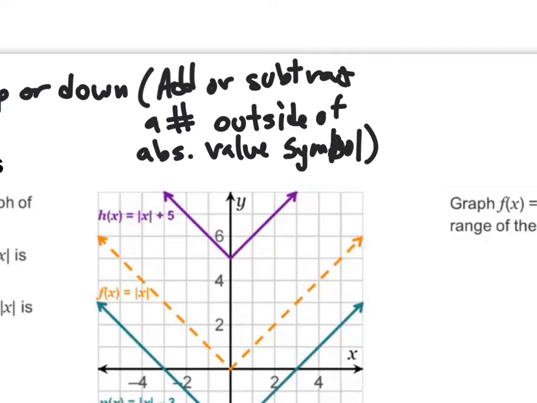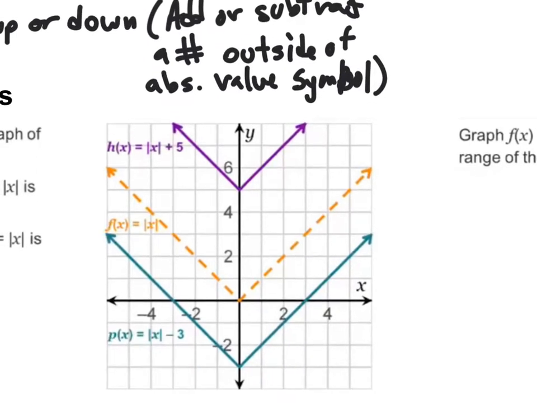What you notice is that you have all these different examples. If you have f of x equal to the absolute value of x, here is your parent function. Now what's the absolute value of x plus 5?